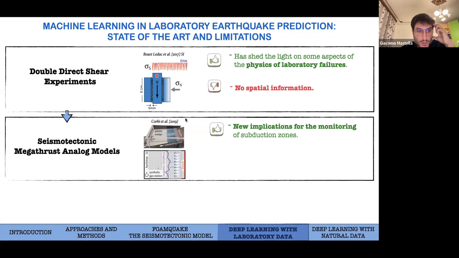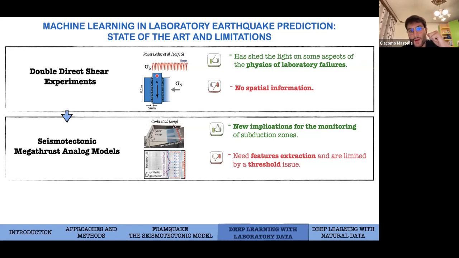On the contrary, different is the case of seismotectonic megathrust analog models, which are by definition three-dimensional, although of course, when we are working with this kind of models, we are not working with real rocks. And so, for example, Corbi 2019 has demonstrated that machine learning can be used even to incorporate the spatiotemporal evolution of the stick slip process in this kind of experiments.